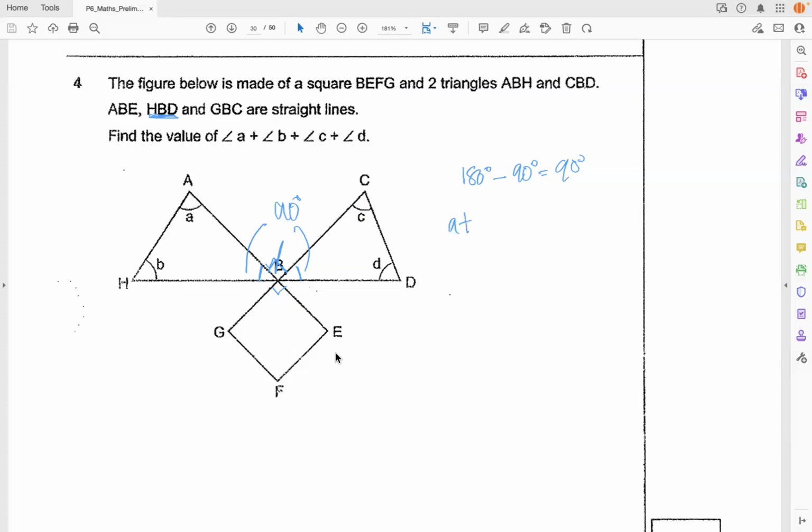Angle A plus angle B plus angle C plus angle D will be equal to 180 degrees plus 180 degrees minus away these two angles, which is 90 degrees. So the answer is 270 degrees.